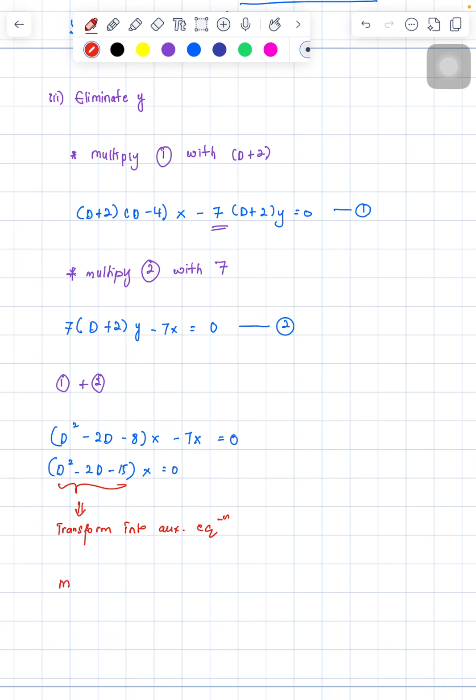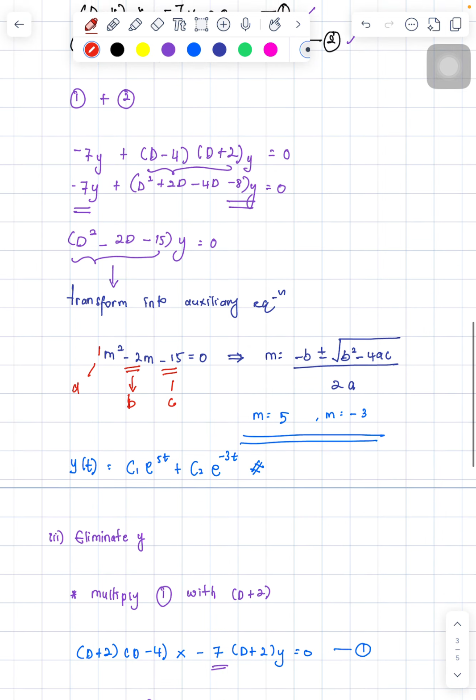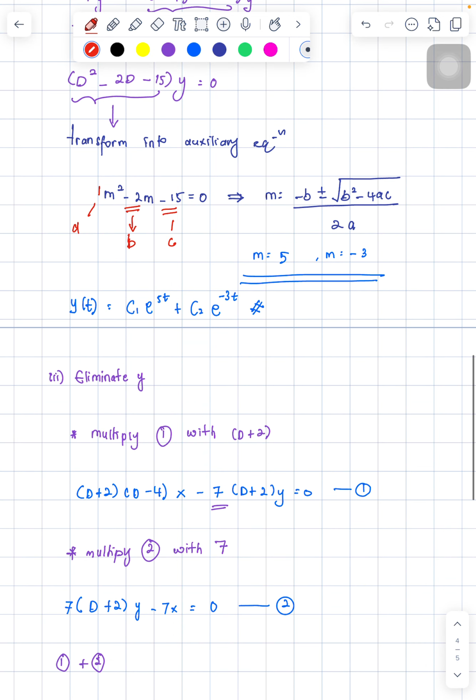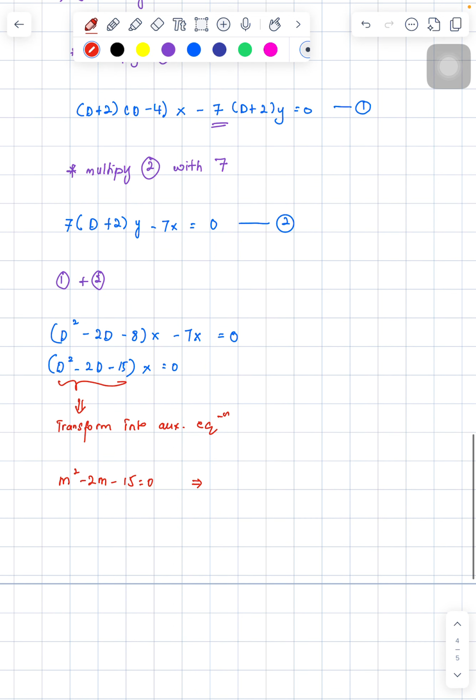So it's become m squared minus 2m minus 15 equals to 0. So the roots, we have the same roots with the previous one when we eliminate x. So m equals to 5 and another m equals to negative 3.